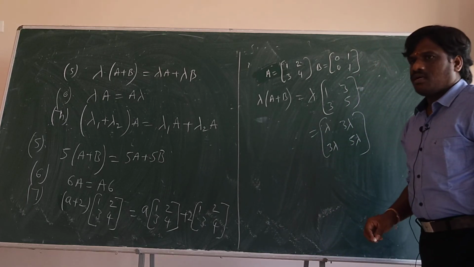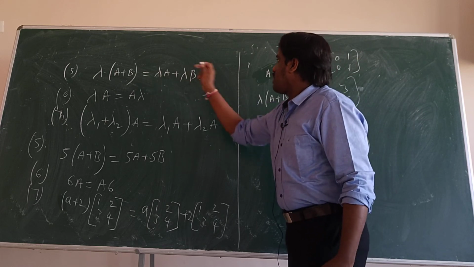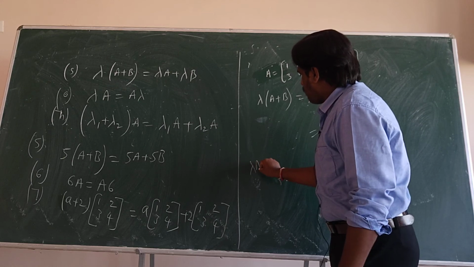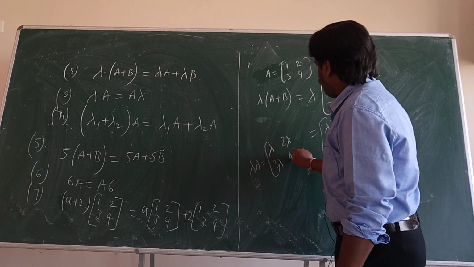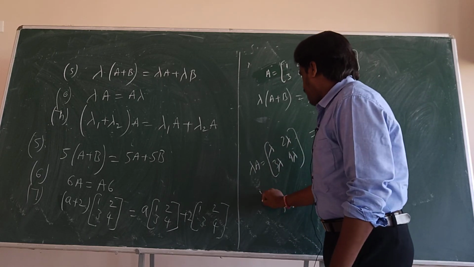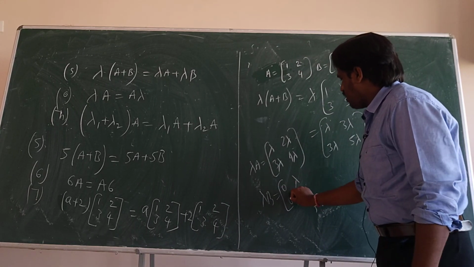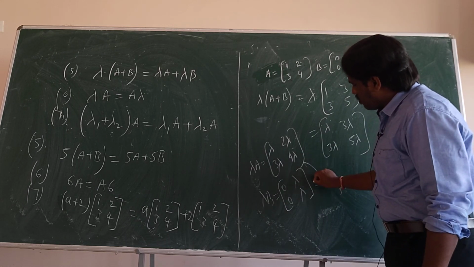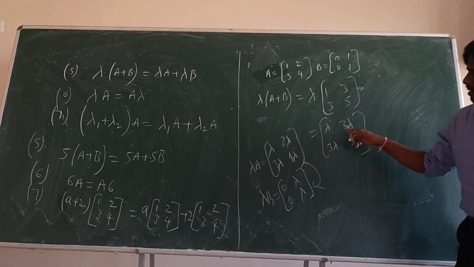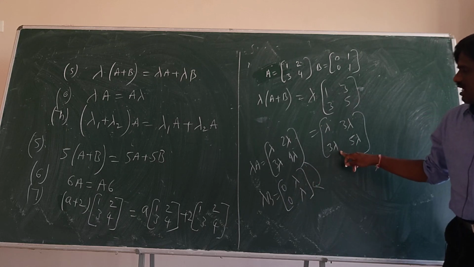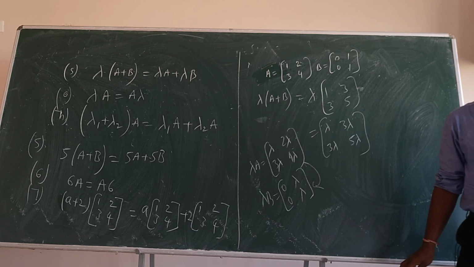This value after multiplying will be the same as after addition. Lambda into A will be 1 lambda, 2 lambda, 3 lambda, 4 lambda. Lambda into B will be 0 into lambda 0, 1 lambda, 0 lambda, 1 lambda. If I add these both, lambda plus 0 is lambda, 2 lambda plus lambda is 3 lambda, 3 lambda plus 0 is 3 lambda, 4 lambda plus lambda is 5 lambda. Understood? This is how the property works. Okay.